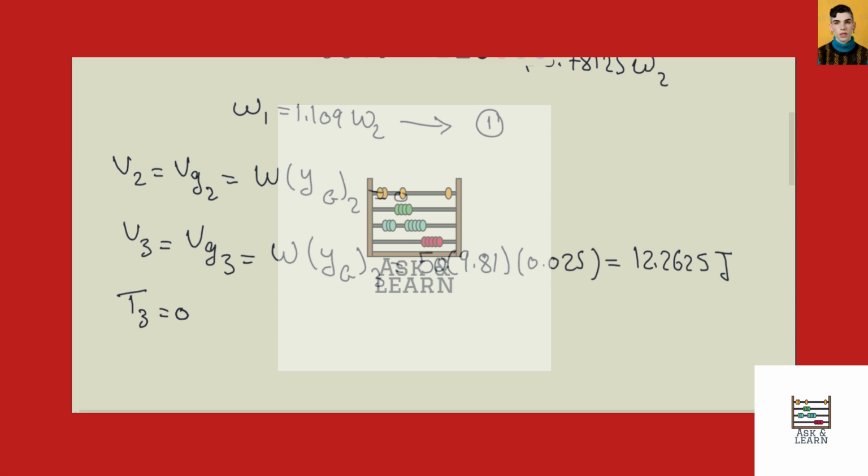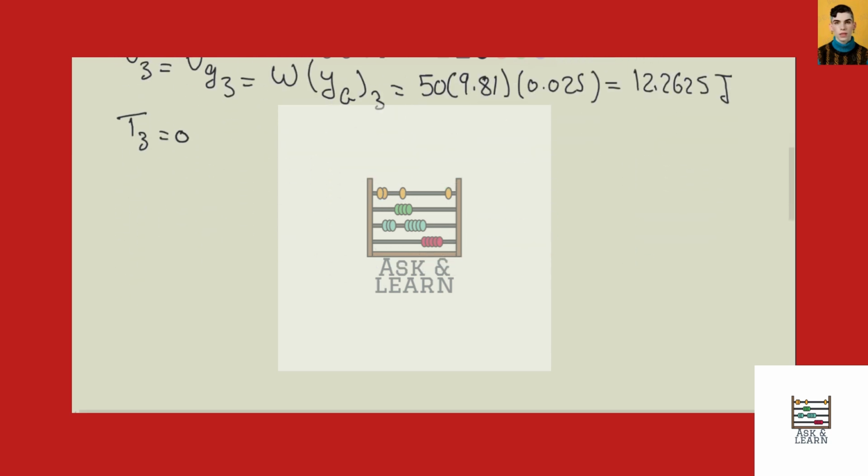and the initial kinetic energy of the wheel is T2, which is equal to half m Vg2 square plus half Ig omega 2 square.